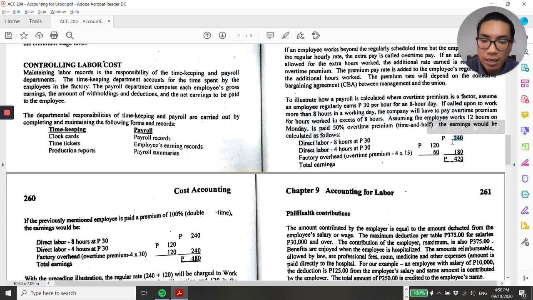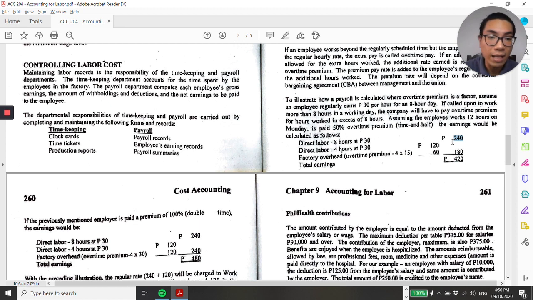And then next is the basic pay for the overtime pay. For the computation, we need to identify how many overtime hours he has. It is stated that the total work is 12 hours, so definitely the overtime is 4 hours.